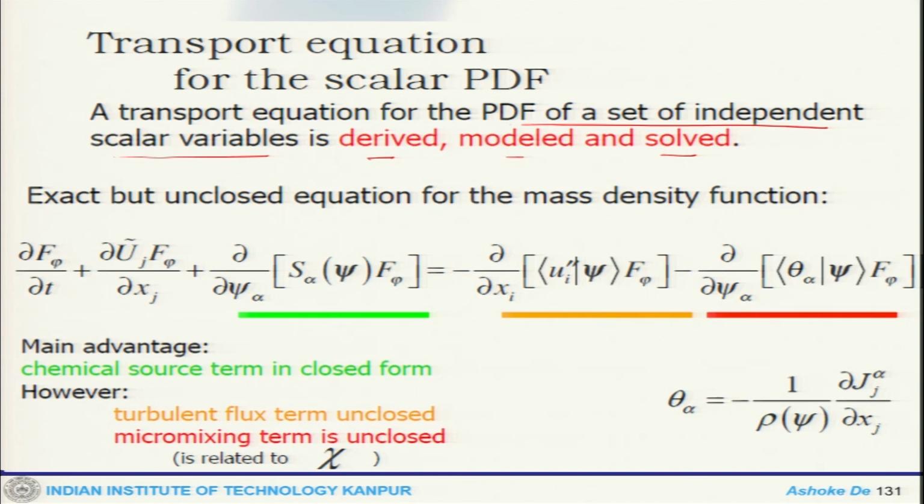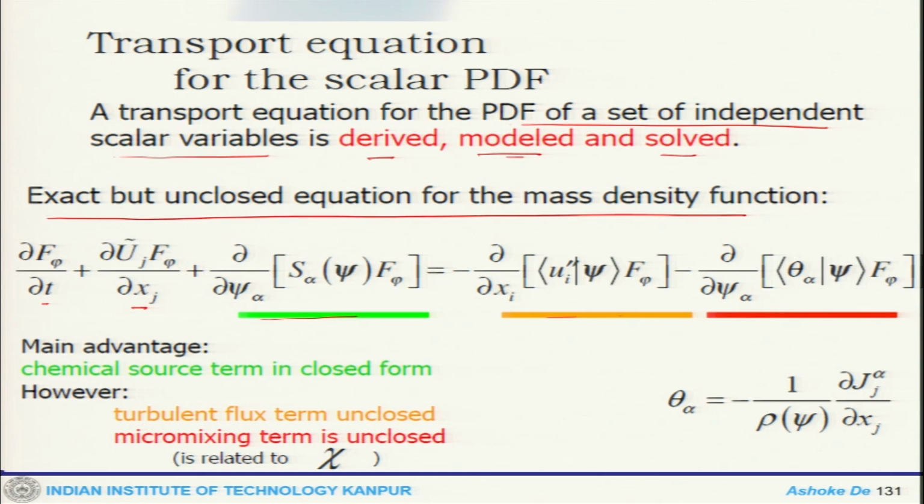Because of these unclosed terms, we can model them. So we can see this unclosed equation of the mass density function. This will be written as del F_phi by del t. This is the convection. This is one term which is in terms of the chemical source term. On the right hand side, this is the turbulent flux, and then this is the mixing term or the scalar flux term.